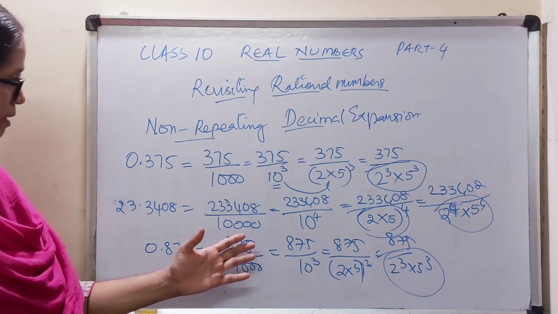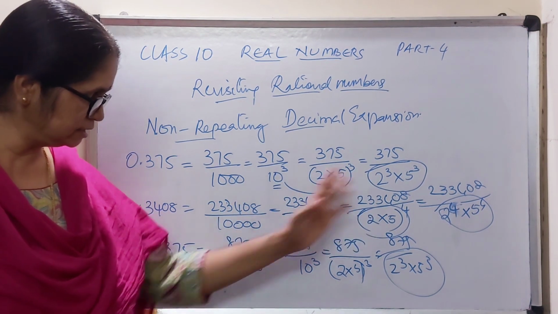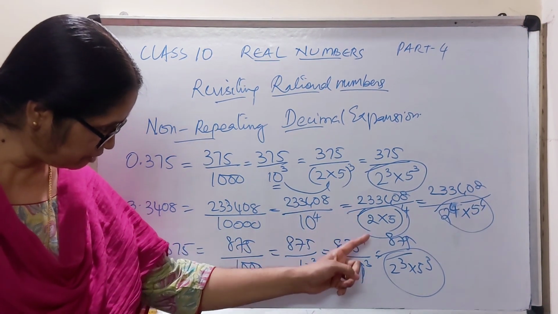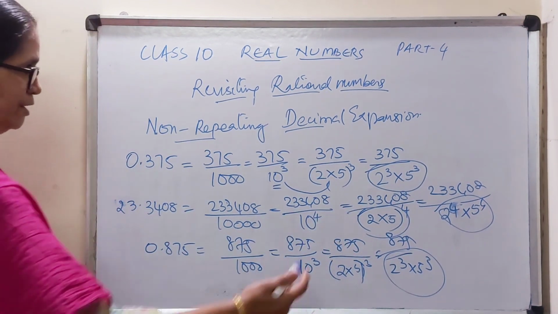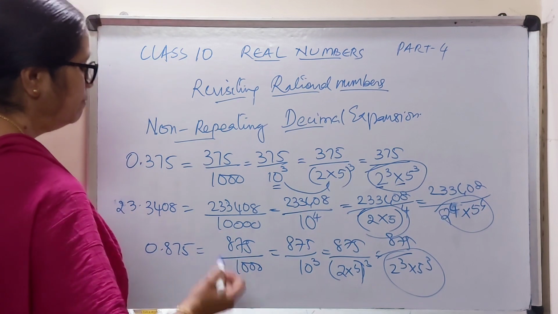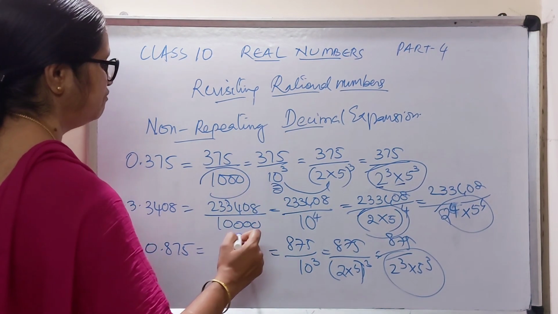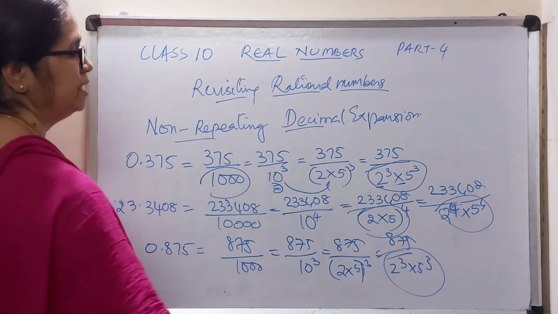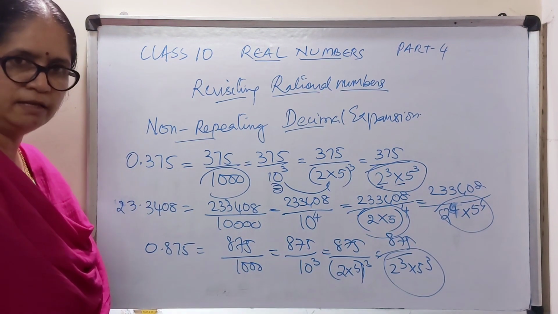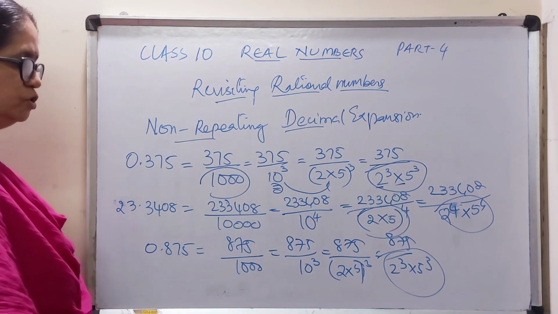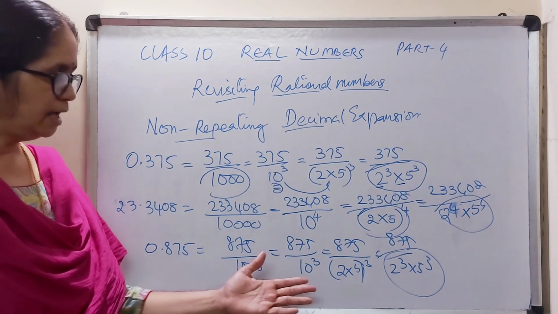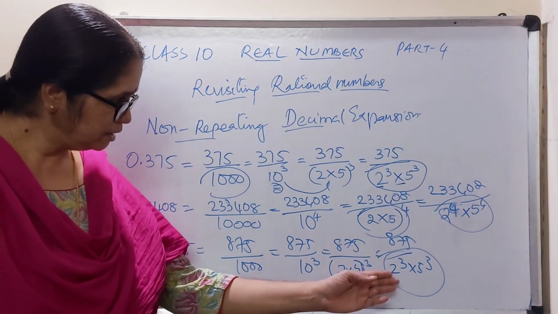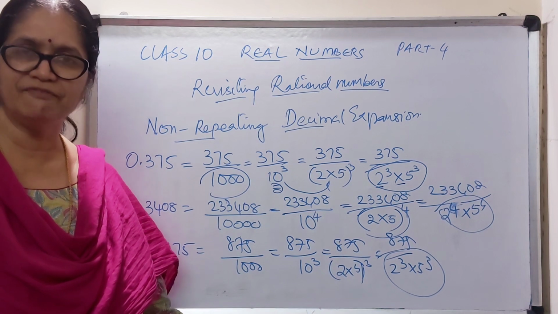What is that? The denominators, you see, are expressed in the powers of 2 and 5. Everywhere you see 2, 5. Why? Because the powers of 10 can always be expressed as powers of 2 and 5. What are the factors of 10?